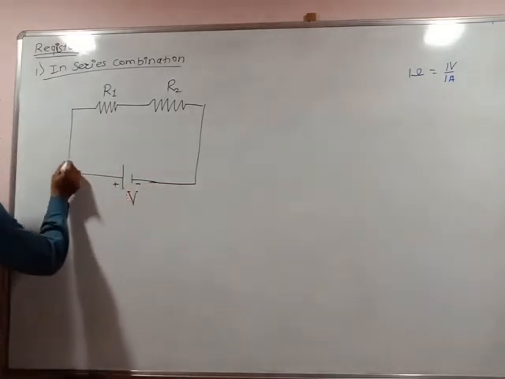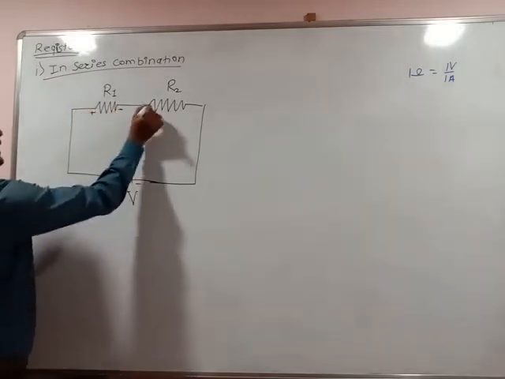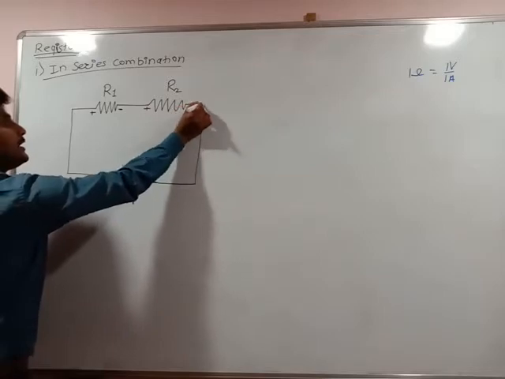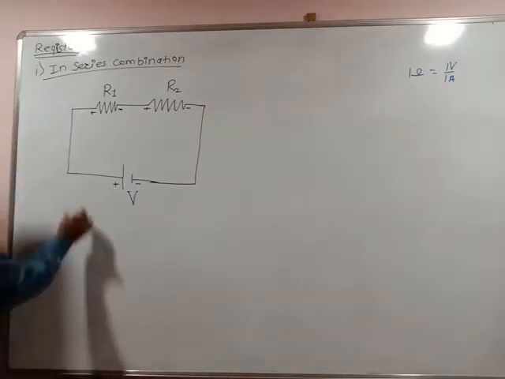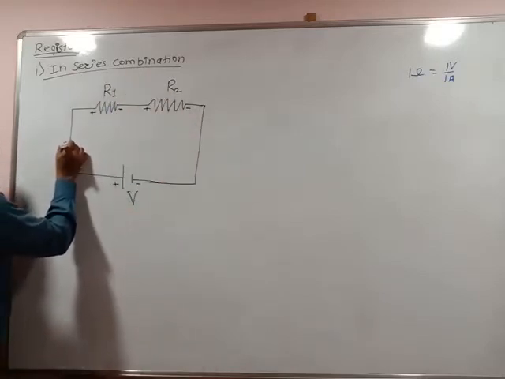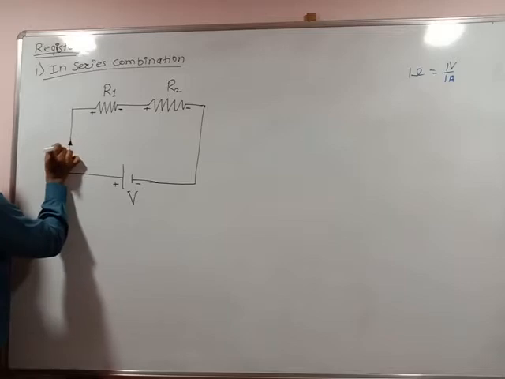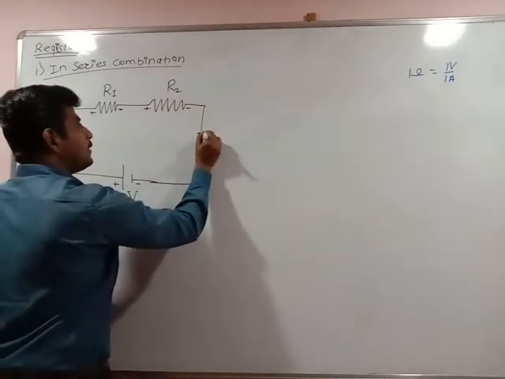So positive potential is applied here, and here is a negative potential. Again here is a positive potential, and here is a negative potential across the two resistors. Means current is always flowing from the positive terminal to the negative terminal.